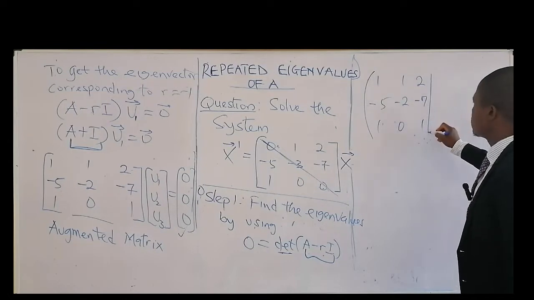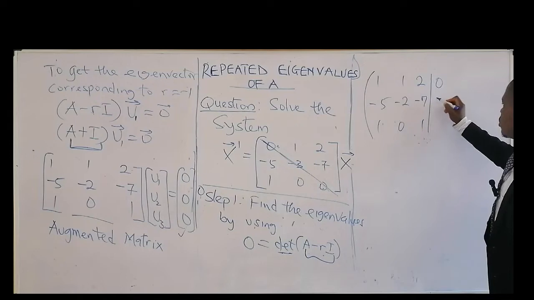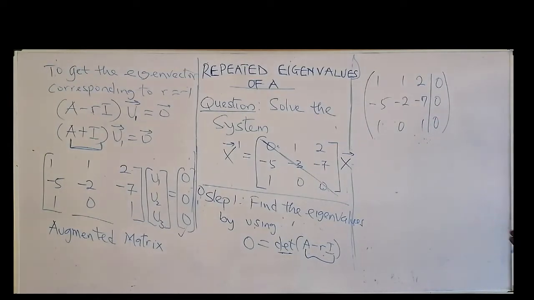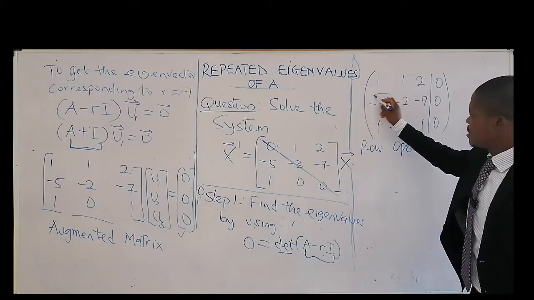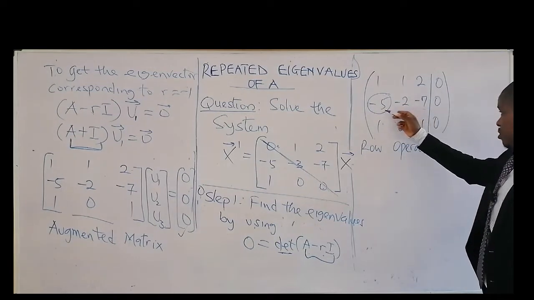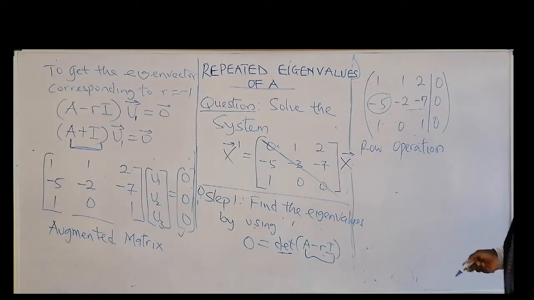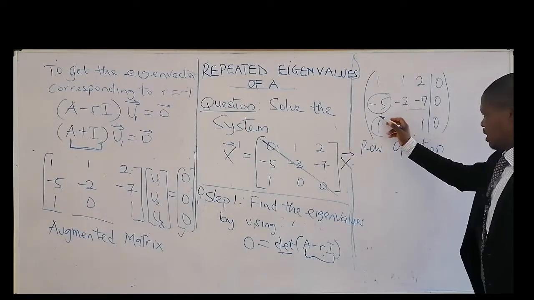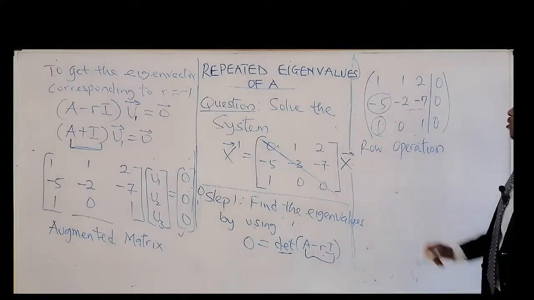You put your line, and then the equal values which are zeros. Okay, so that's the augmented matrix. Now we want to do the row operation, and what we are looking for is to have at least a 0 here, and if possible, all the elements here will be zeros. Here also, at least in this third row, we have 0 here also.